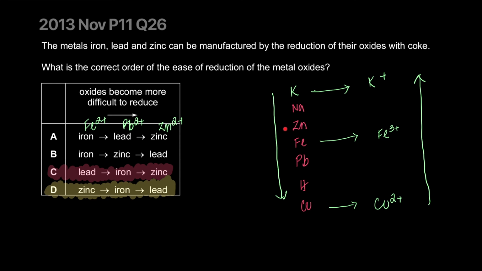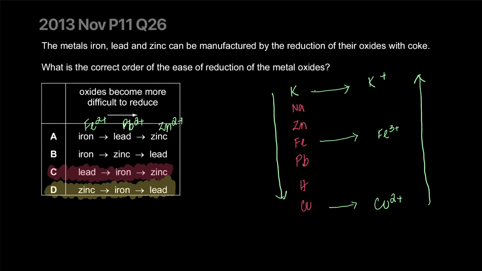But they're not talking about the metals, they're talking about their ions, right? So it's going to get more difficult as you go up this list. So between all three of them, lead will be the easiest to discharge, then iron, then zinc.